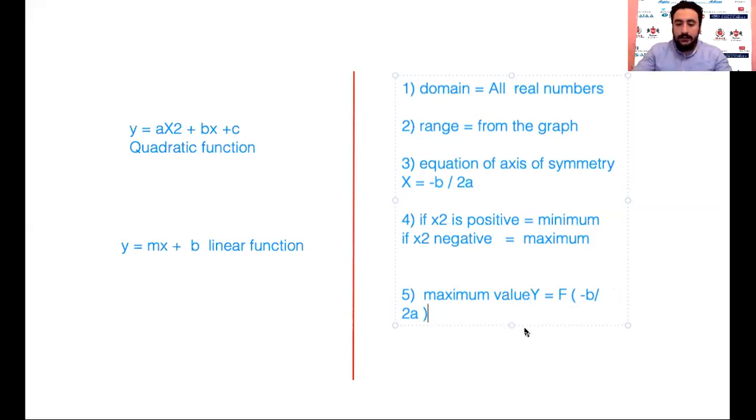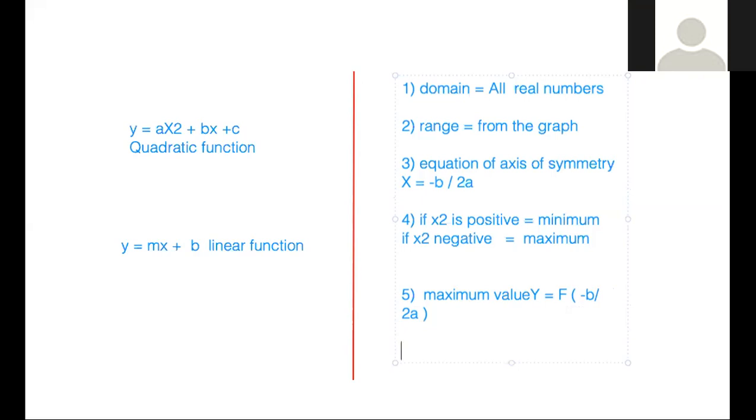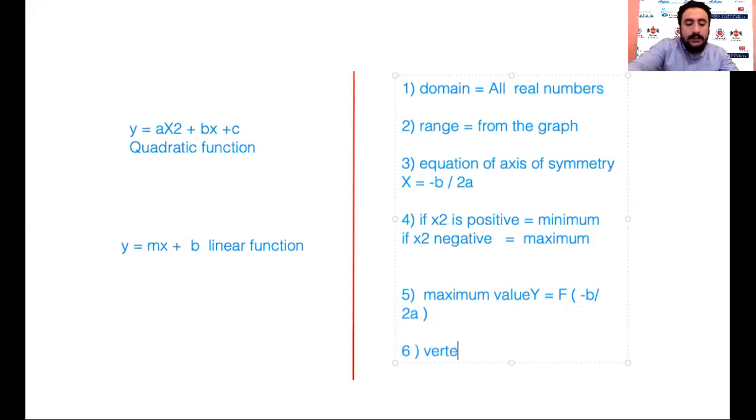Next thing, what about the vertex? The vertex point, it's easy. You're going to put this one and that one. Vertex equals negative b over 2a, and the function of negative b over 2a.